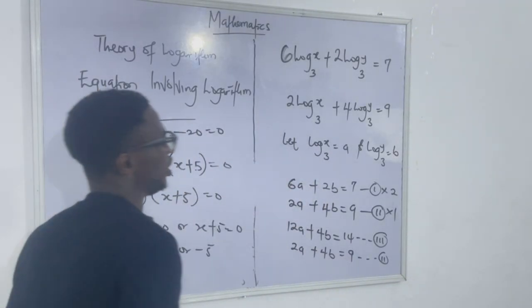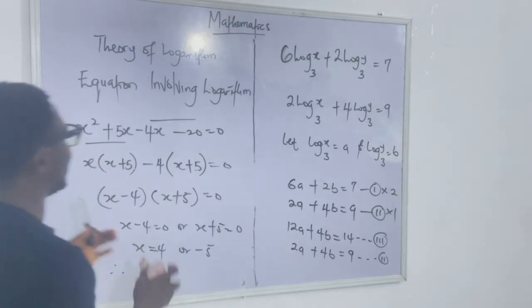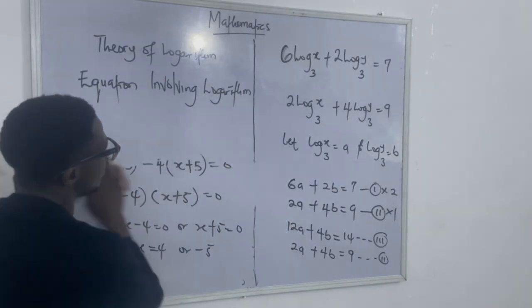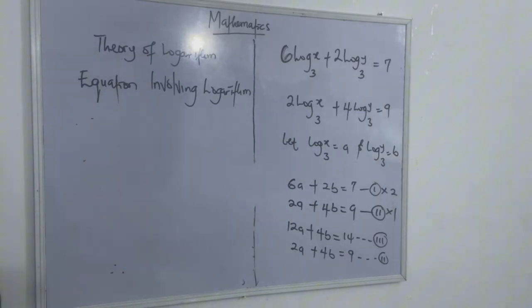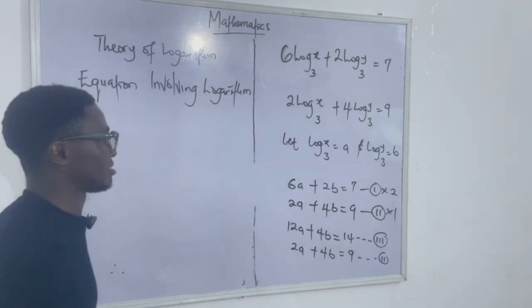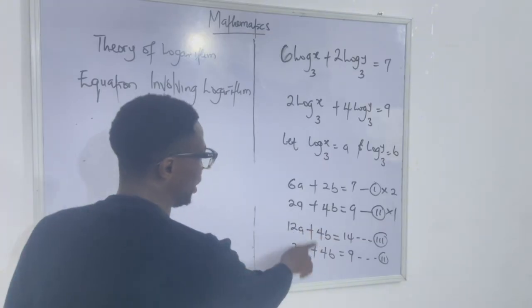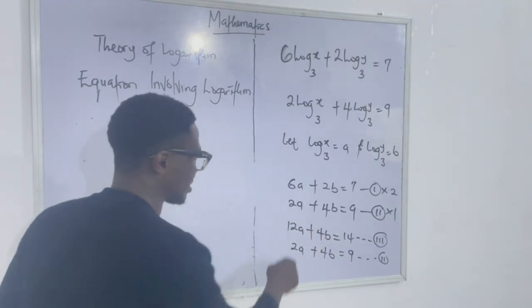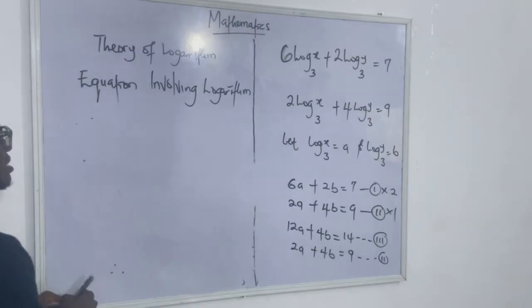So now we can eliminate. For us to eliminate b, we consider that they are having similar sign. As they are having similar sign, we can eliminate. If they have similar sign, we will subtract. If they are not having similar sign, we will add. But they are having similar sign.